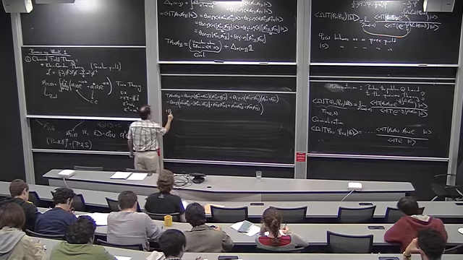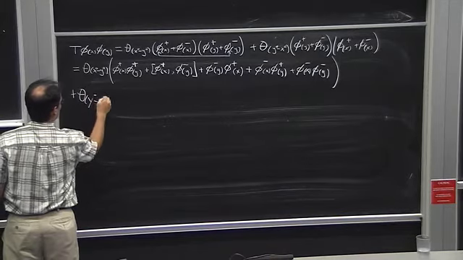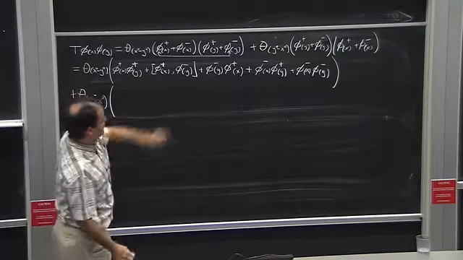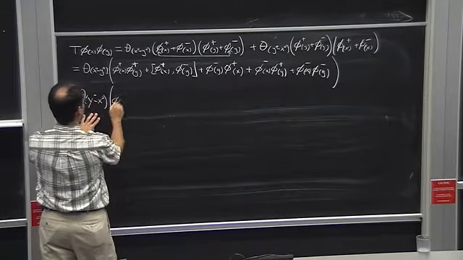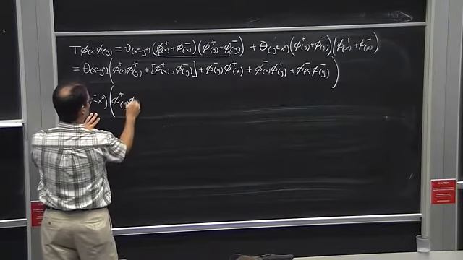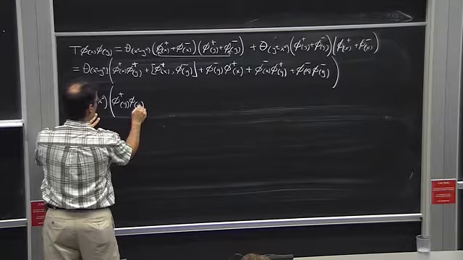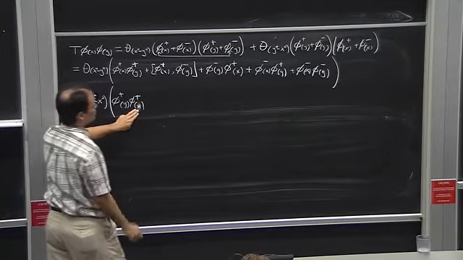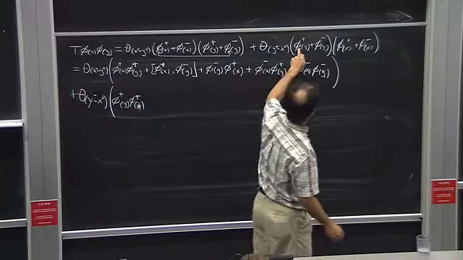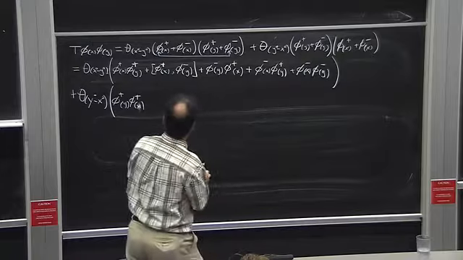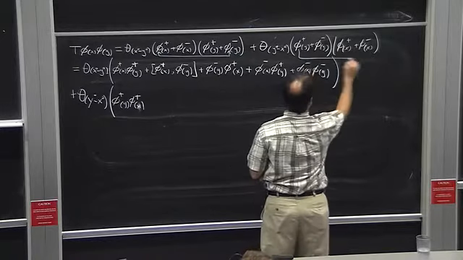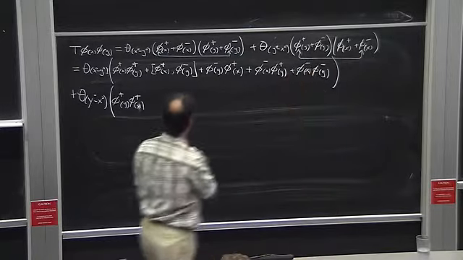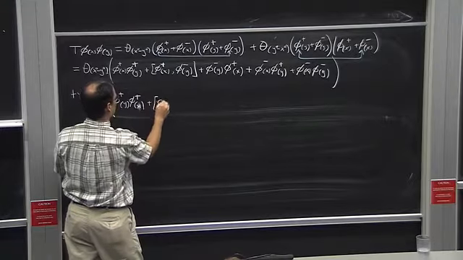Let's do the same thing for the next term. Okay, for the next term, we have, once again, phi plus, so no problem. We get phi plus with phi minus. Again, that's bad. This is our offending term, so we have to fix it.